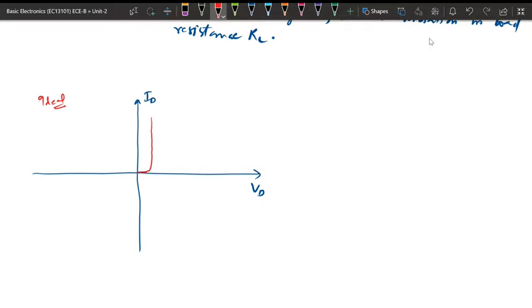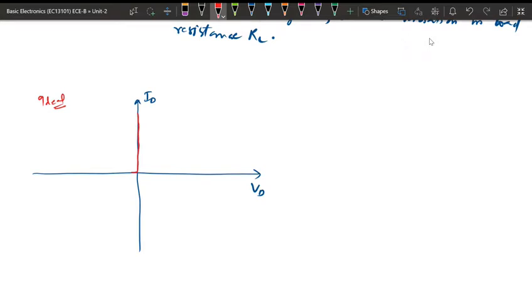In an ideal diode, once the voltage across the diode is zero or just greater than zero, it will be on, and at that time there will be a current flowing through it.